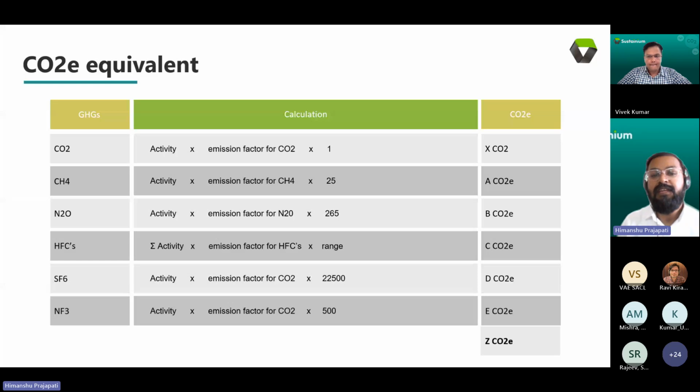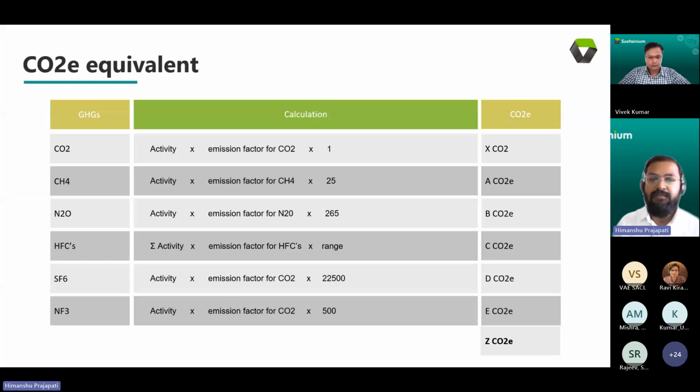And it is very important, when we are calculating, to know all of these three, such that we can arrive at a carbon dioxide equivalent, which is what we have been discussing a lot over the last few presentations. So ultimately, what we are reporting is the carbon dioxide equivalent, and here is a crude example of how that would be calculated.